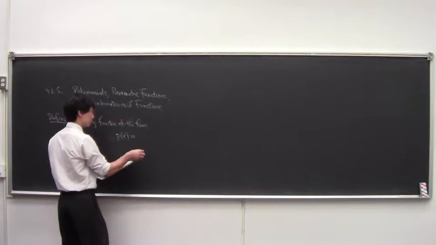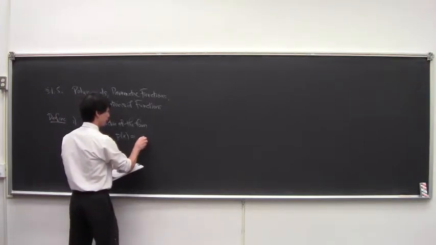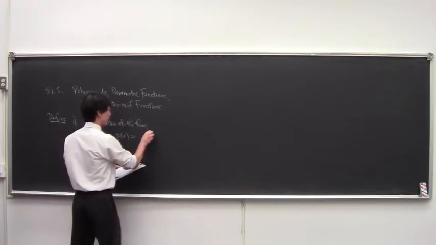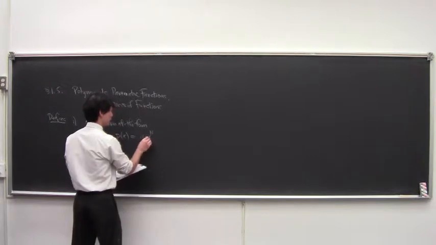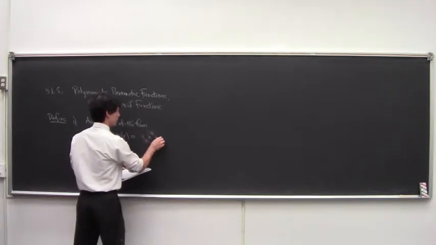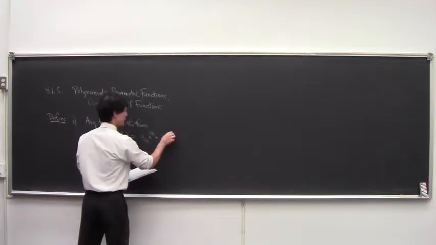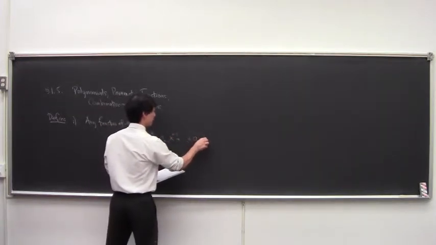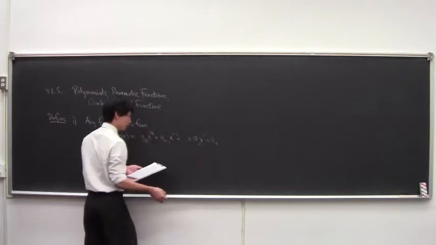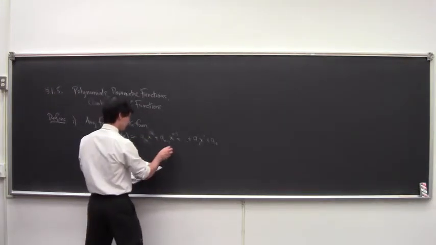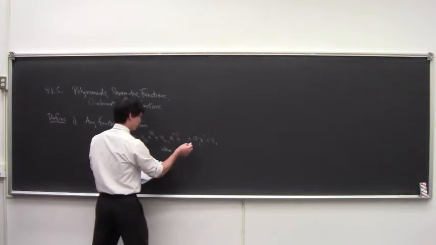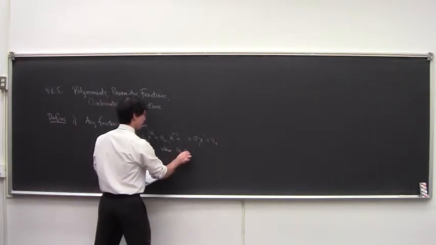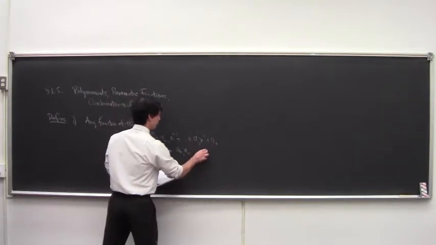P of x is a_n x^n, maybe it's lowercase n usually, plus a_(n-1) x^(n-1) plus down to a_1 x^1 plus a_0, where a_0, a_1 to a_n are all real numbers.